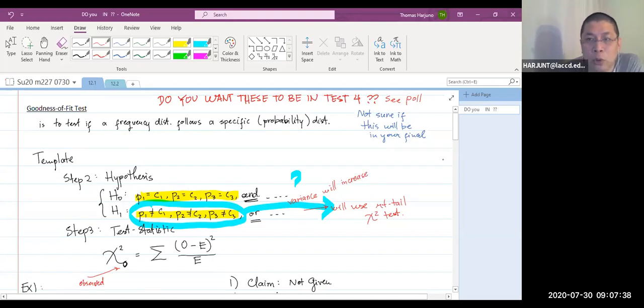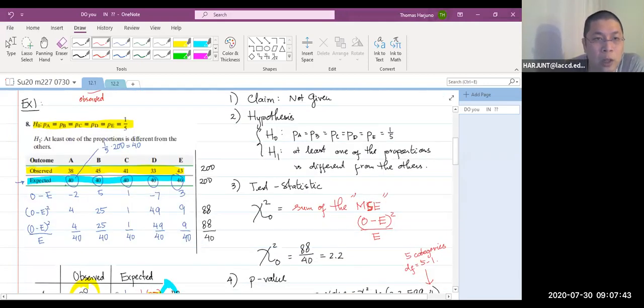So we compare the observed value with what we expect if the proportion were true. From there we see the error, the squared error, and then the mean squared error. The mean squared error will be very, very big if any one of these proportions were not true.